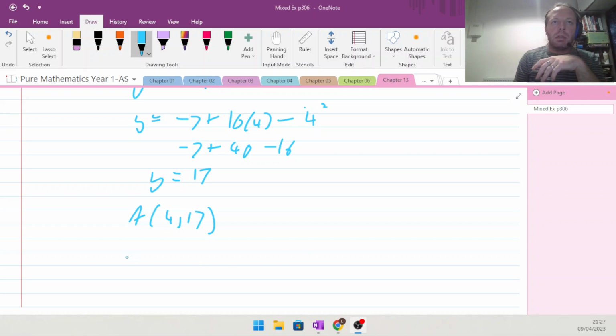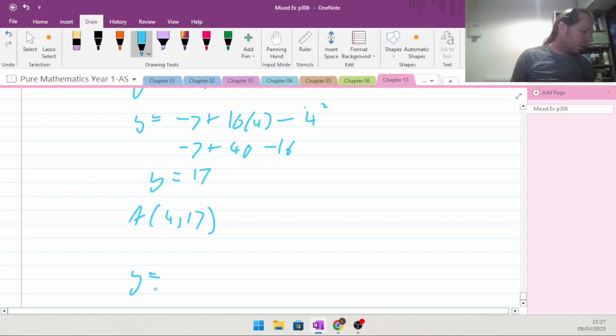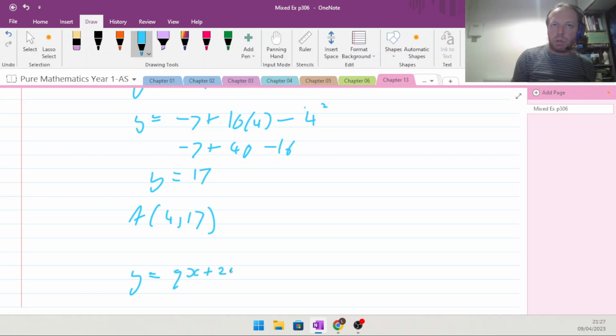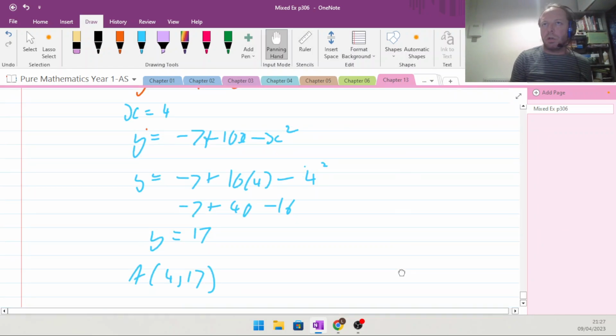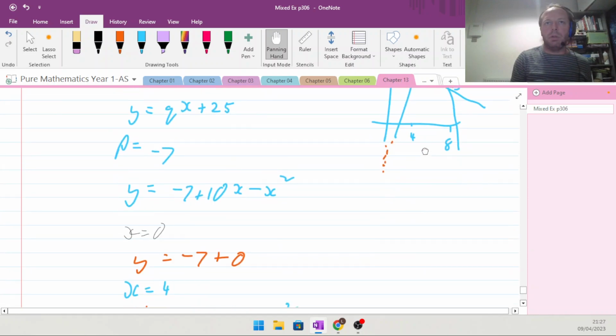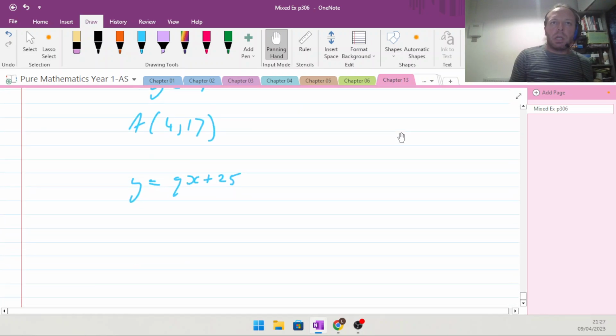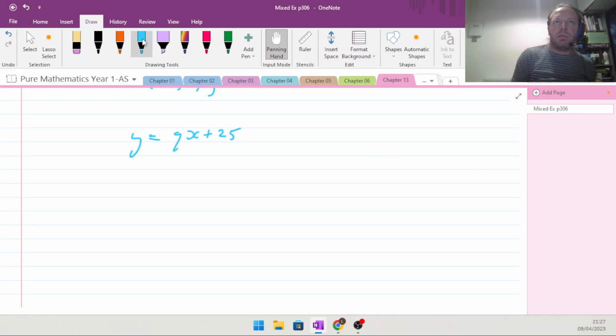Now that we've got that, we can use it to find q. y, which is 17, equals qx plus 25. Did I write any equations on the graph? No. Okay, y equals qx plus 25.